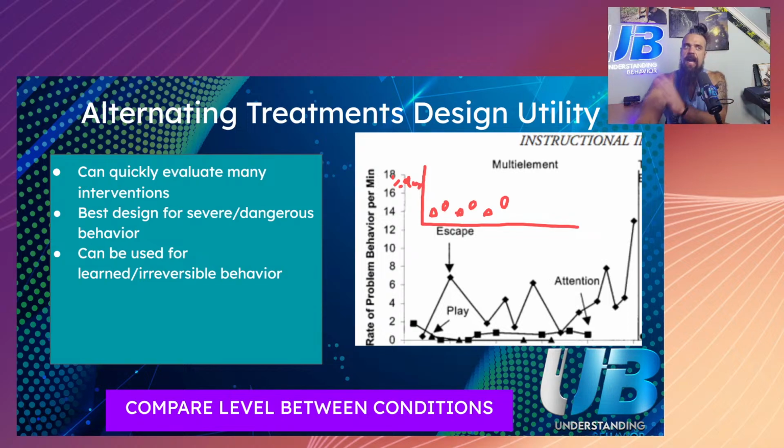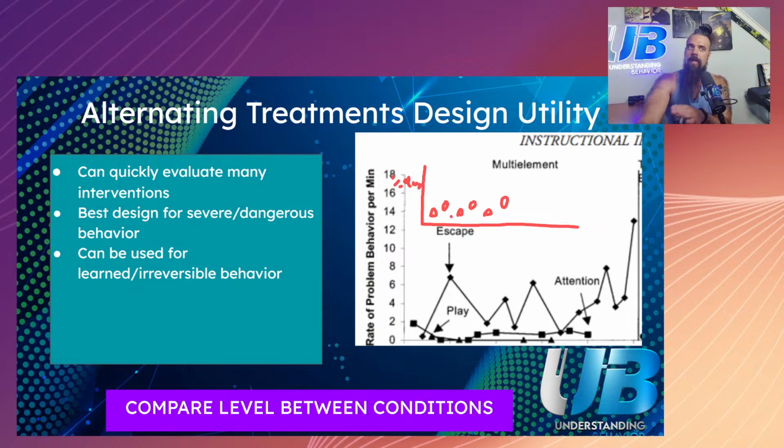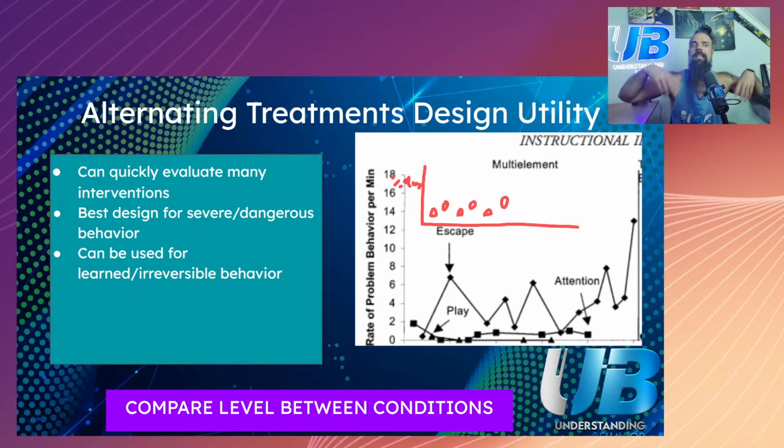So we see that it kind of evens itself out when we're working with these irreversible behaviors because they get about equal amount of exposure to each as they progress through time. And that would be called a practice effect. It's a particular type of sequence effect called a practice effect.